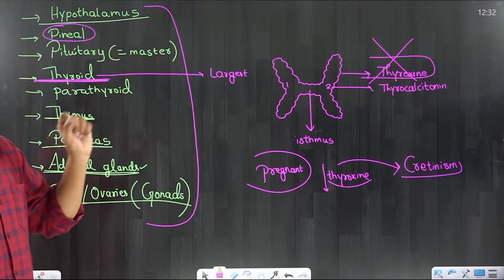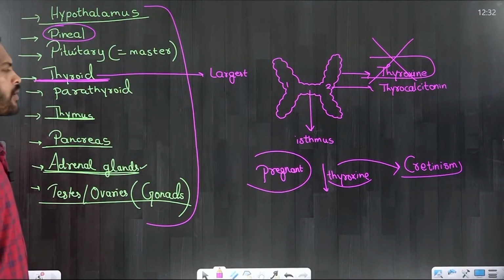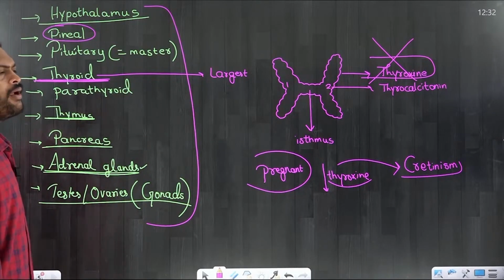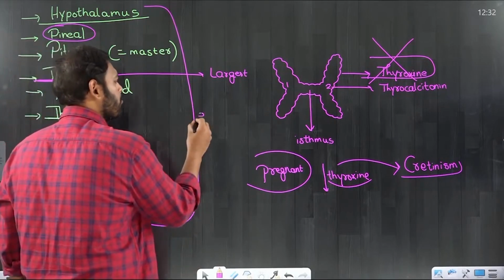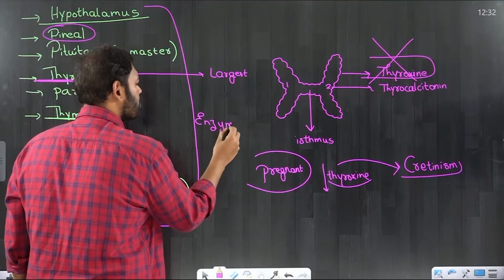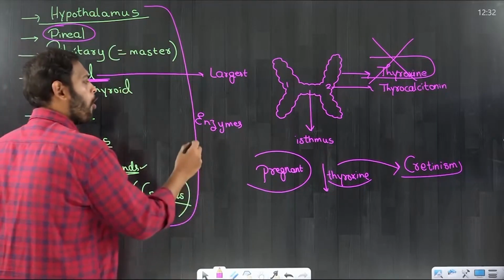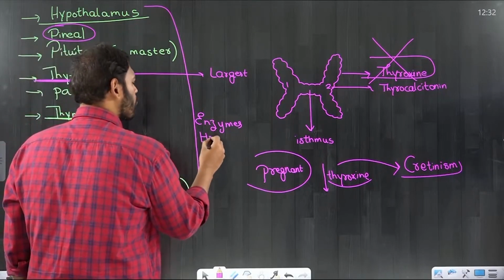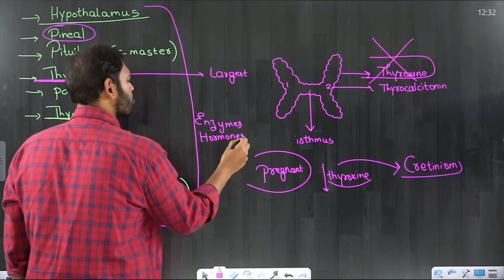The mysterious question was, among all these glands, which gland makes both enzymes for helping in digestion and also makes hormones for regulation of glucose?